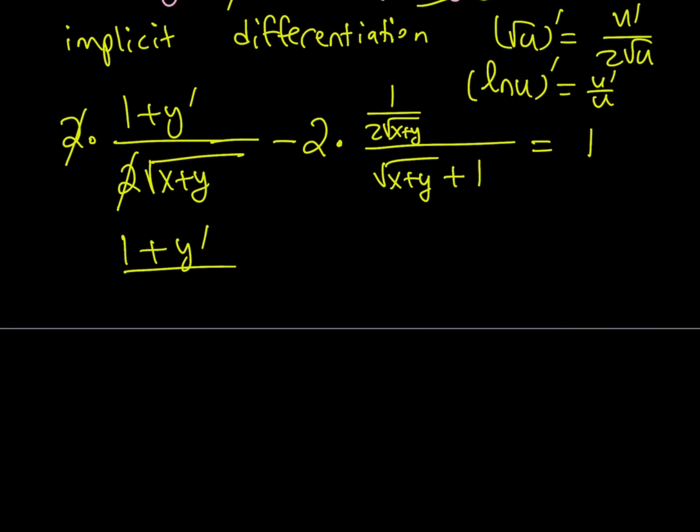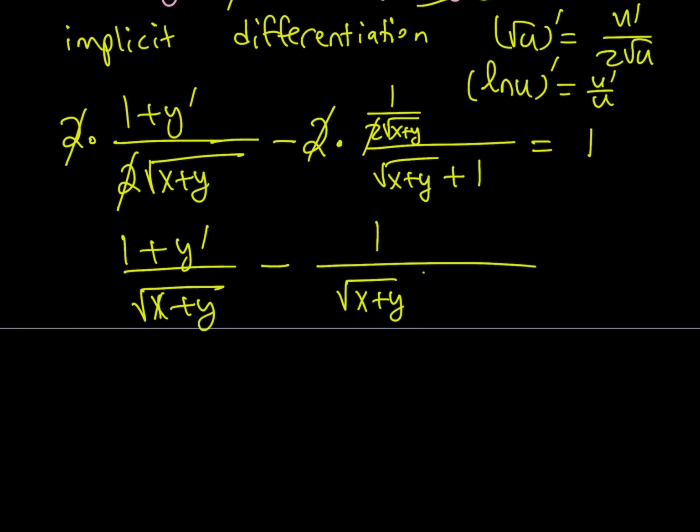Let's simplify this a little bit. 1 plus y prime divided by the square root of x plus y. And then this needs to be subtracted. The 2's are also going to cancel out here. Notice that 2 is multiplied by the numerator. So we can write this as minus 1 over the square root of x plus y multiplied by the square root of x plus y plus 1.